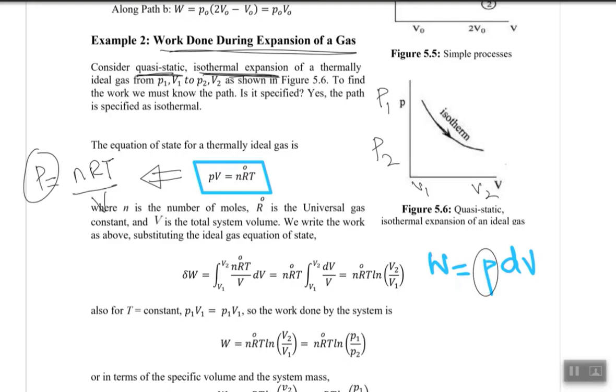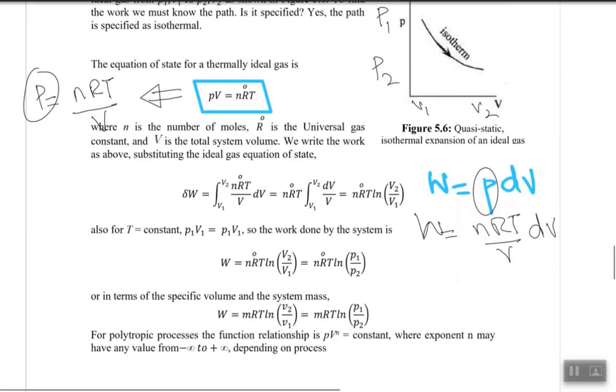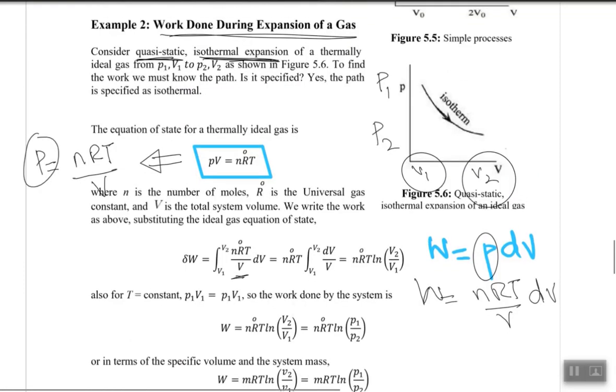So W would be equal to nRT by V into dV. Integrate it from volume V1 to V2, that would be nRT divided by V into dV. Now the point is the process was isothermal as well.